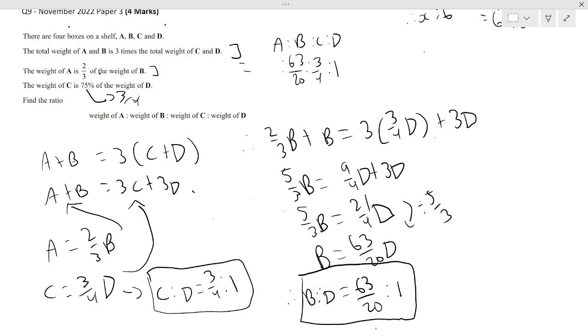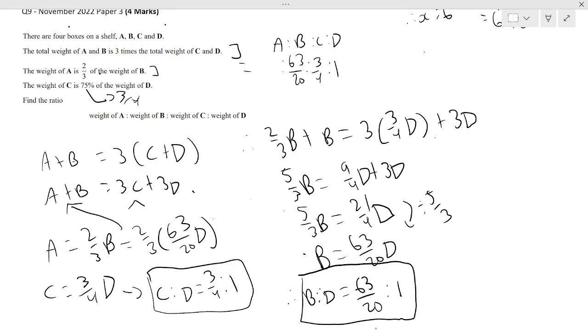But then we can find a in terms of d because we have this expression too. If we substitute b in for a, that is equal to 2 over 3 lots of 63 over 20d. Happy with that? Because I'm substituting this into here for b.